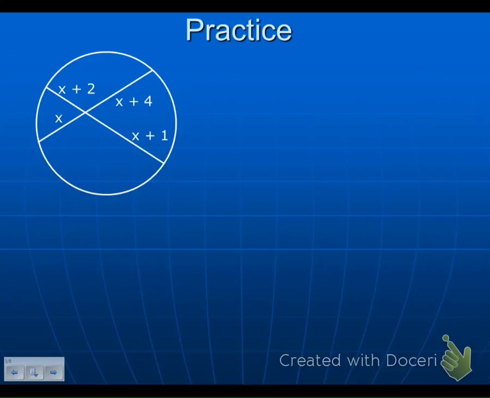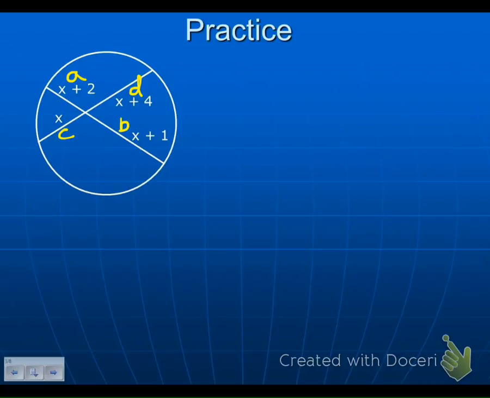So here we go. We're going to label these with A and B and C and D. So A is going to be right where the x plus 2 is. And let's use a different color here. Let's use yellow. So A is going to be x plus 2, B is going to be on the same line or the same chord, C is going to be our x, and D is going to be our x plus 4.